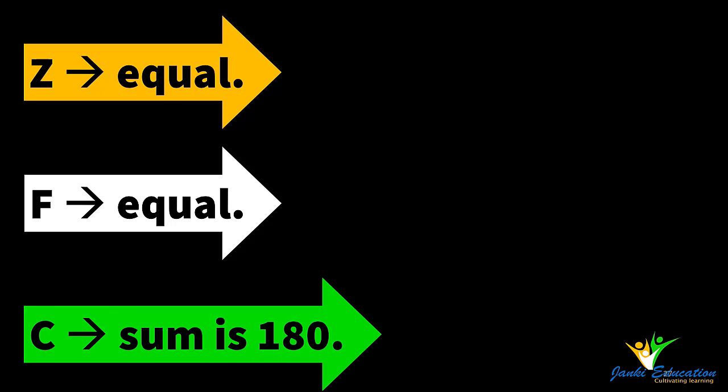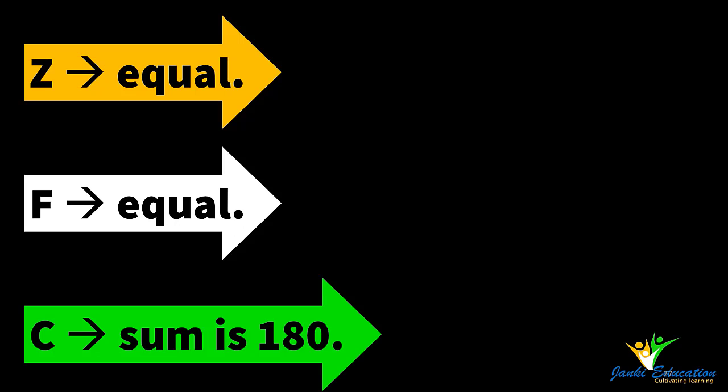Here, if Z, what is Z? Alternate interior angles. If the angles in Z shape are equal, please be careful, or if the angles in F shape, that is corresponding angle, are equal, or here it is little different, so please pay attention.